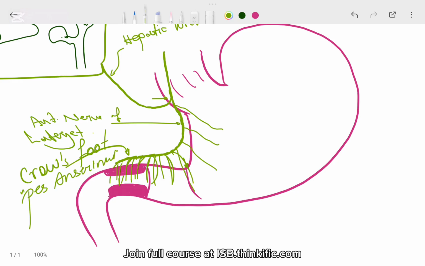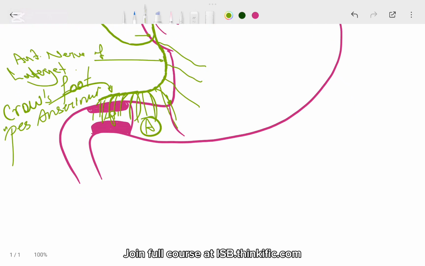Is that okay? Now, why is this very important for us? The function of this crow's foot is that it supplies the pyloric antrum and the pylorus. And what does it do? It coordinates a very important dance. This dance is when food enters the stomach and the stomach starts the process of digestion, and then wants to feed its content into the small bowel.